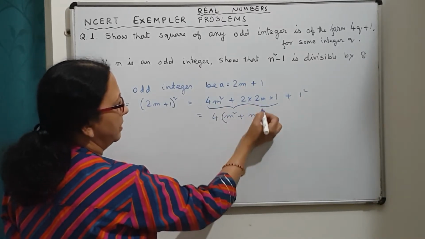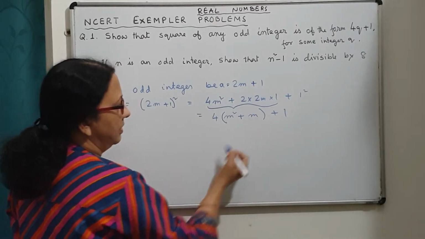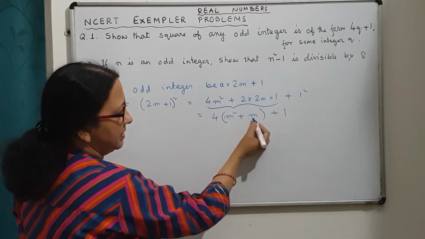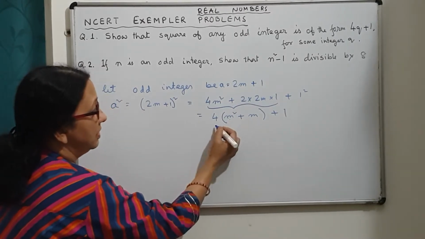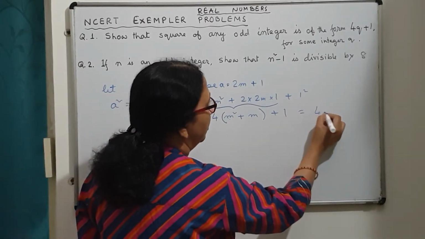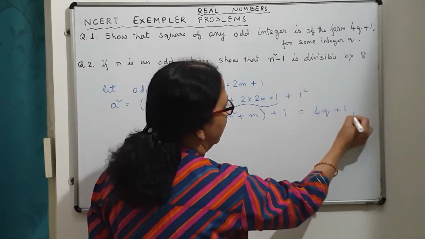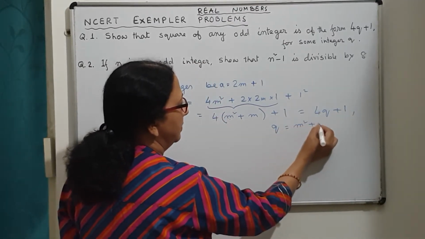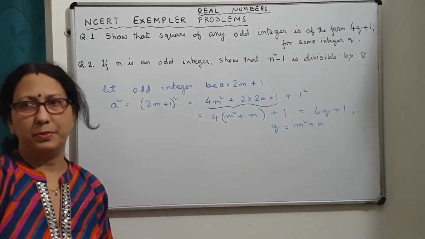Here m is an integer, so m square plus m is another integer. So it is of the form 4q plus 1, where q is the integer m square plus m. So it is very simple.